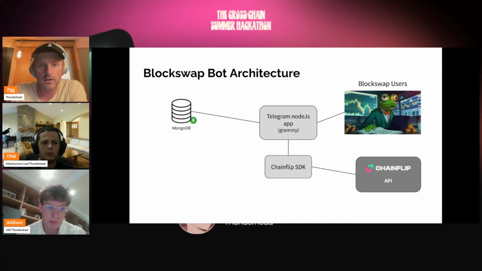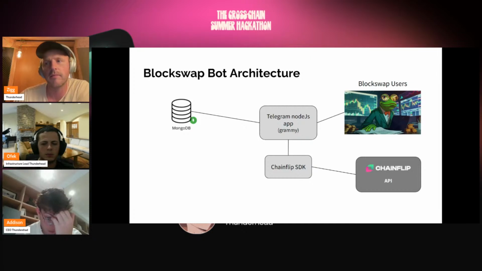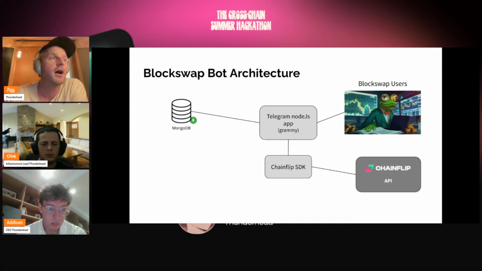And then the Telegram Node.js bot, which is developed with the Grammy framework. Grammy is a nice wrapper around the Telegram API. It makes it really simple to develop Telegram bots and user experience.